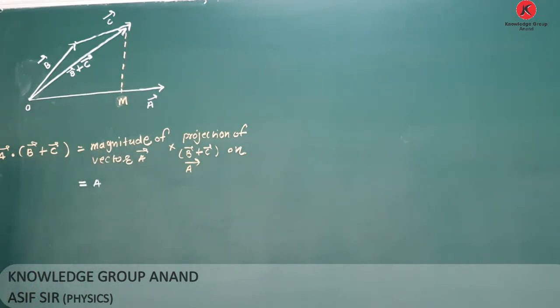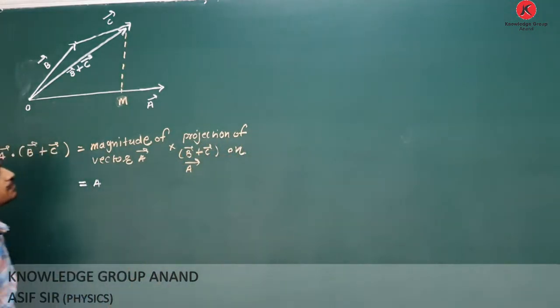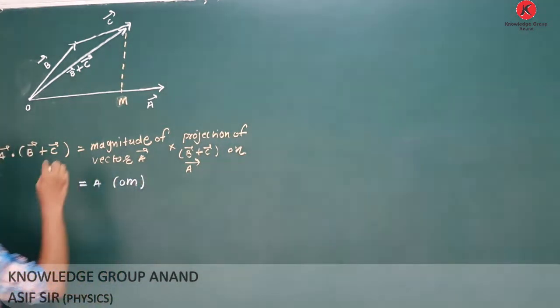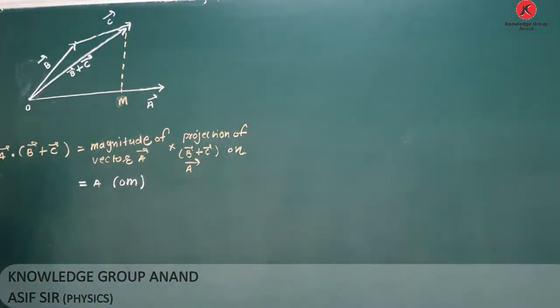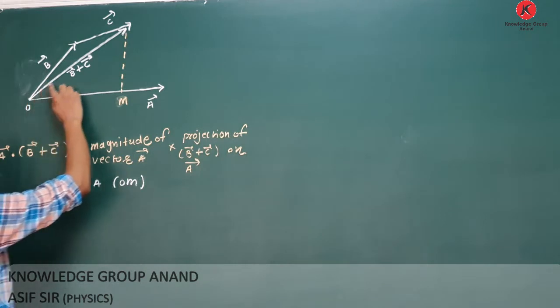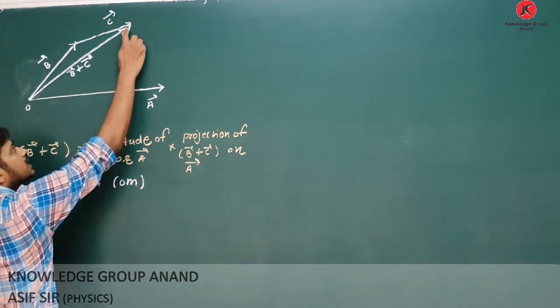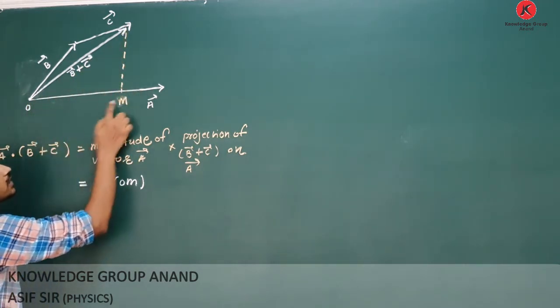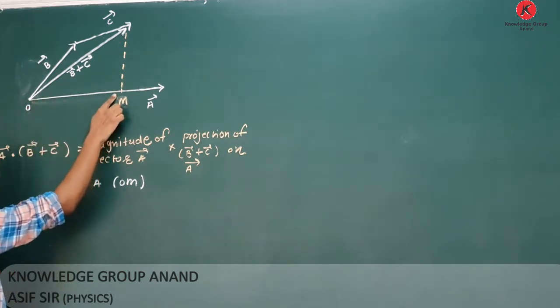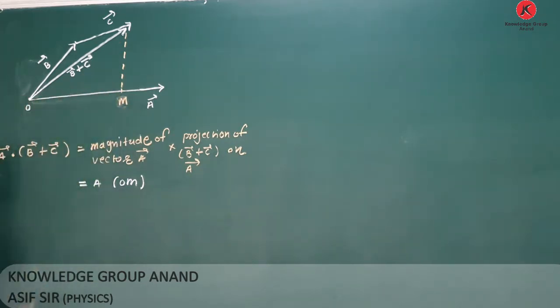Magnitude of vector A into the projection of B plus C on A means here it is OM. From the head of vector B plus C, draw a perpendicular on vector A, so this OM is called the projection of vector B plus C on vector A.